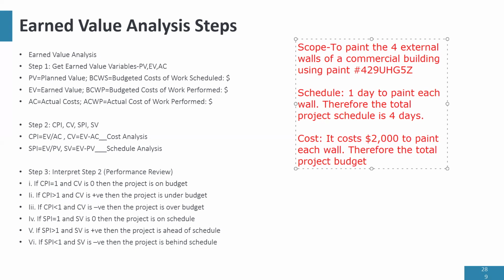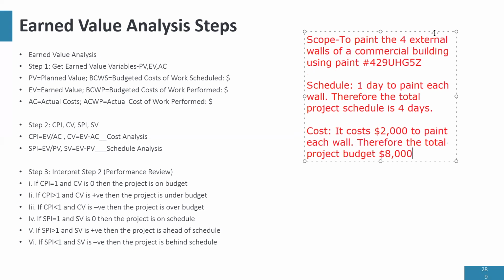It's $8,000 since there are 4 sides. $8,000. Now, you cannot do earned value management without information about the project. That's why I had to spend time to create this.